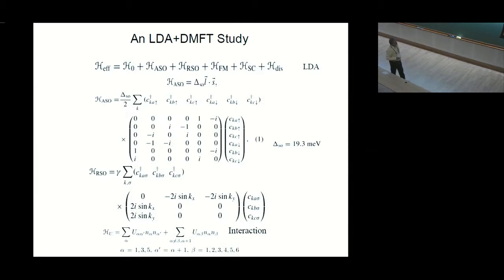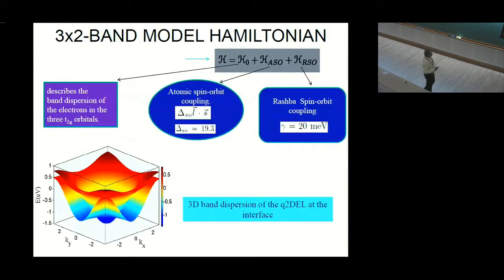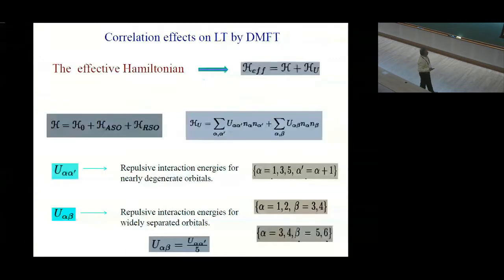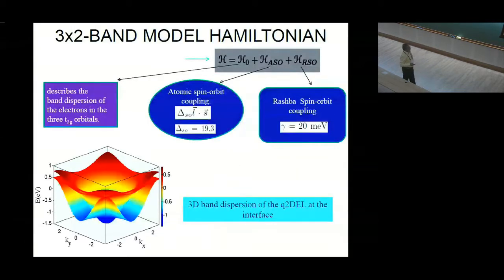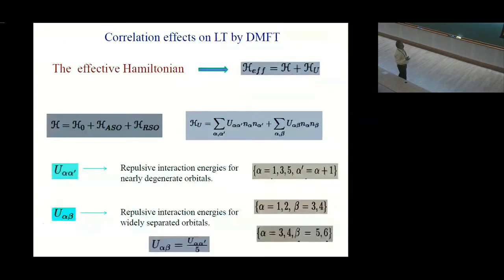So we just included correlation in this, and we did a DMFT plus LDA calculation and took these 3 bands, and these are the values we took from band structure calculations, and the value of U we took to be half the bandwidth, except that one referee insisted that there is a paper by Imada who claims that it's in the very strong coupling regime.